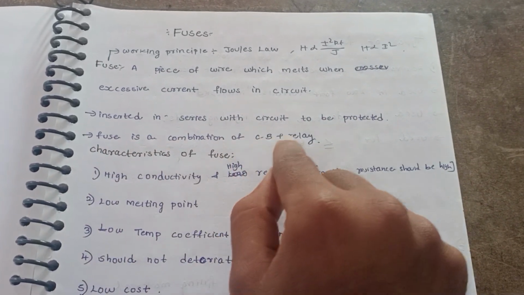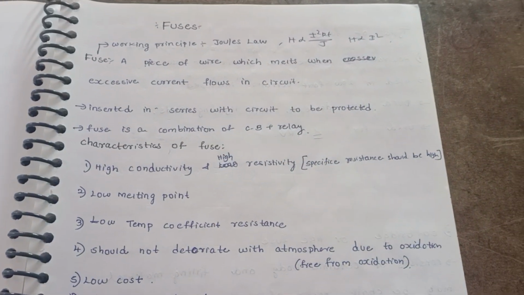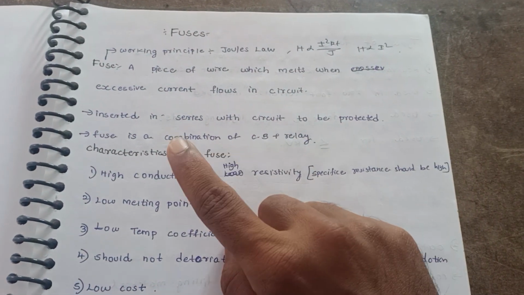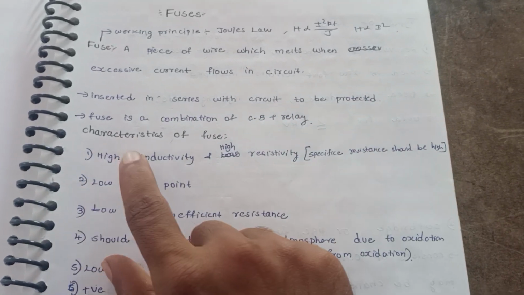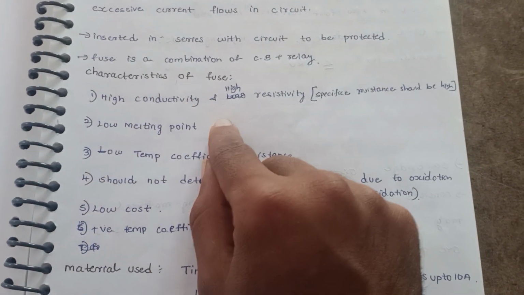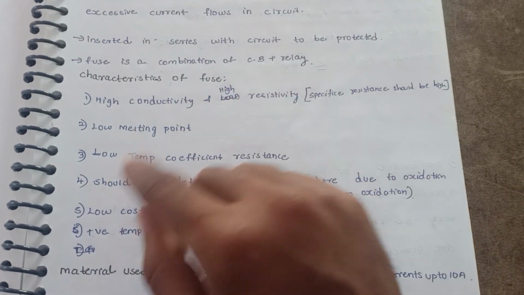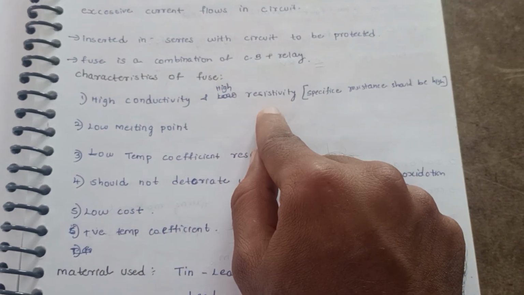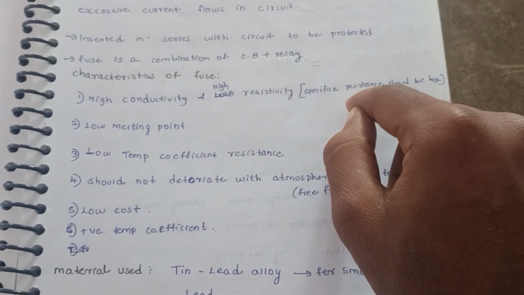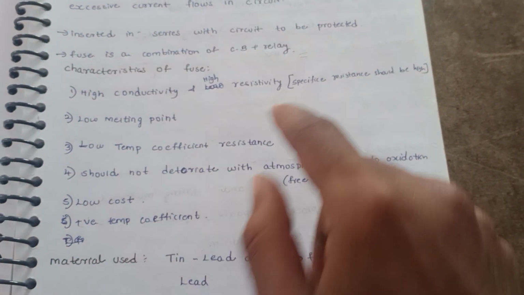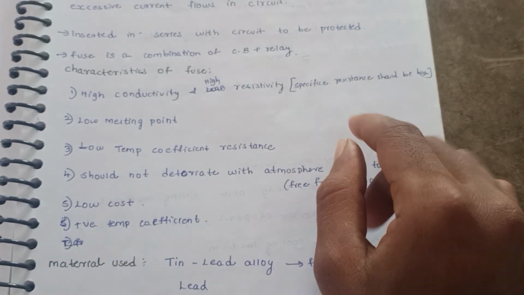A fuse is a combination of circuit breaker plus relay. The fuse can do both works, like a circuit breaker and a relay. Characteristics of the fuse: high conductivity and high resistivity, that is not simple resistivity but specific resistance, so the melting property will not be very low.